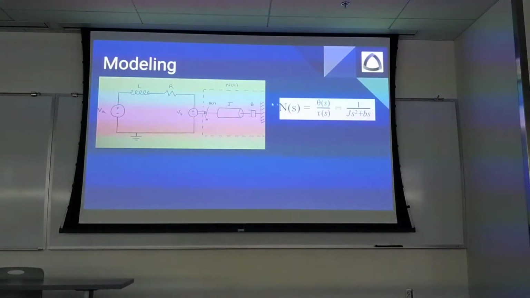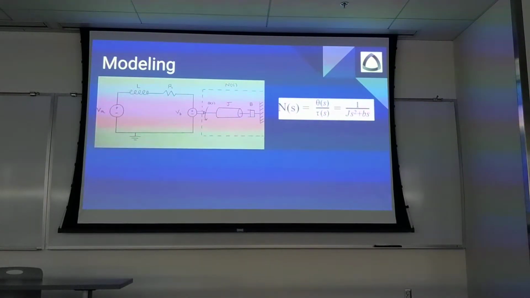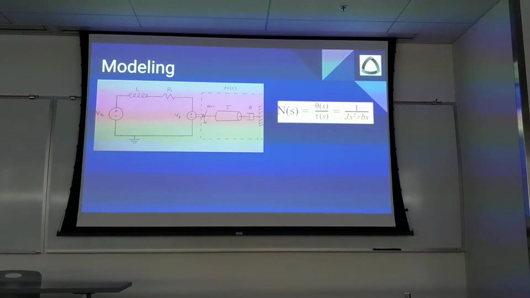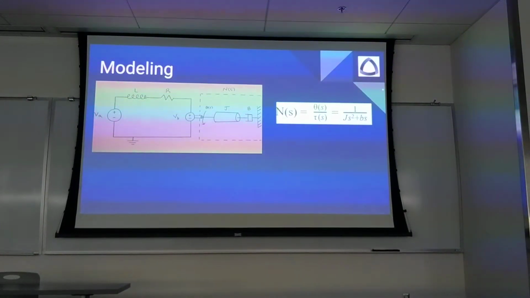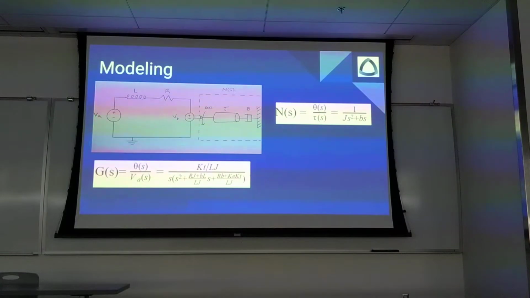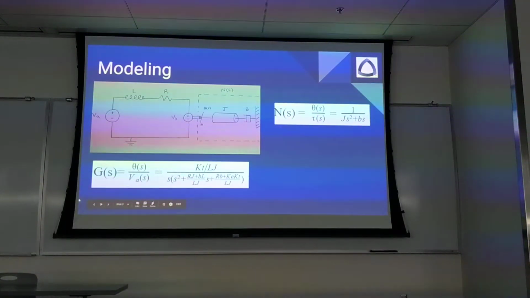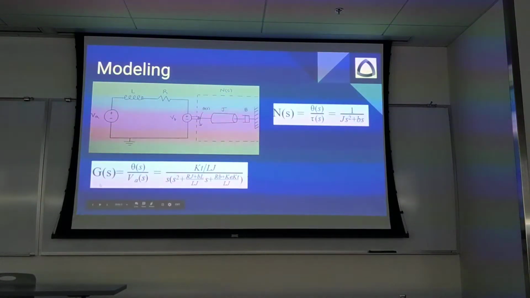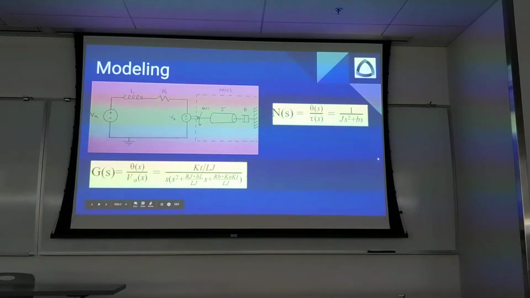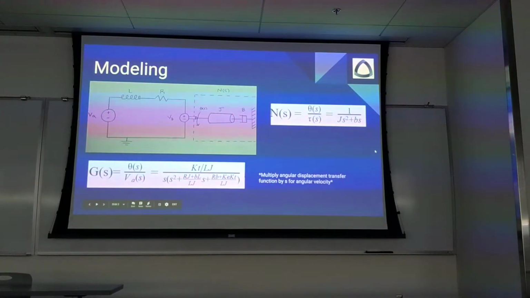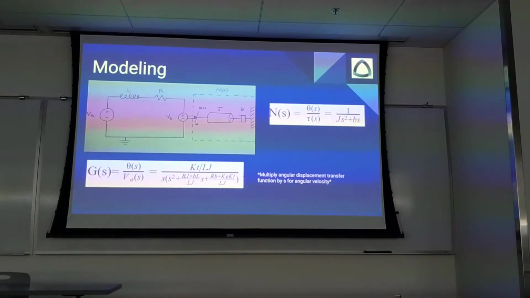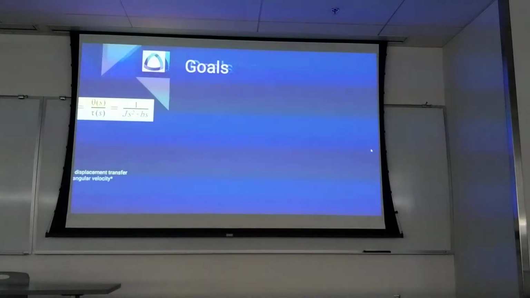We decided to model our surgical tool using a moment of inertia and also a damper, which would model the tool going through tissue. And then we used algebra to find our input, the theta, and then the voltage. And then we multiplied our angular displacement transfer function by s to find the angular velocity.